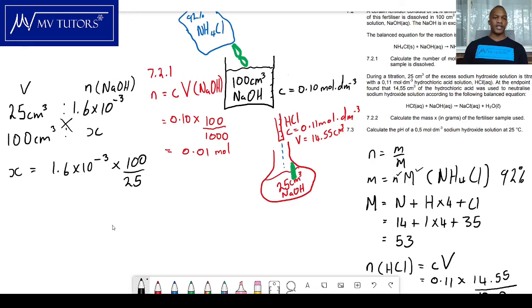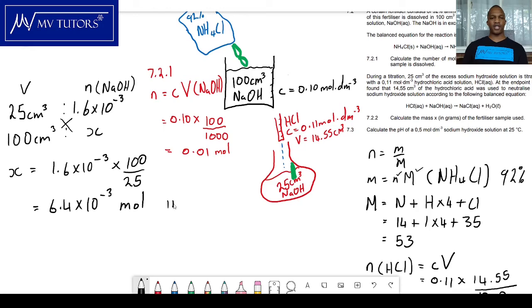Cool. Let's put that in a calculator real quick. So if we bring it this side, we have that times 100 divided by 25, and we get 6.4. Okay, cool. So x is 6.4 times 10 to the power minus 3 mole.